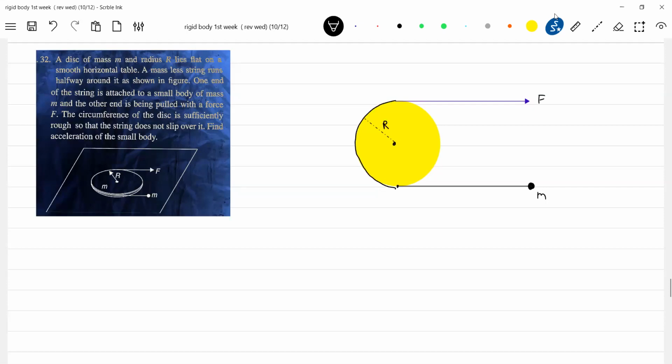The disk is having a mass m. This particle, both all are lying on a smooth horizontal surface. Find the acceleration of the small body. Acceleration of small body means this m only, no? You mean to say here?